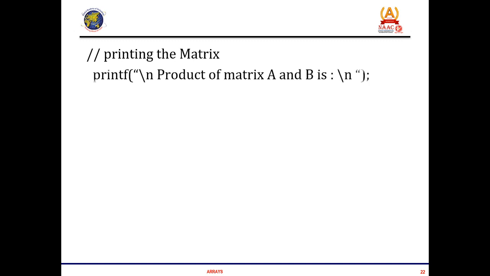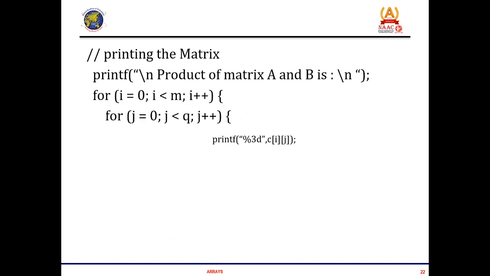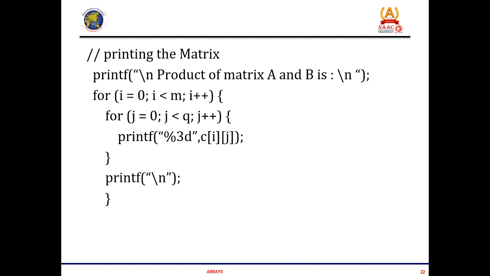So once I do this matrix multiplication, I am going to now print the matrix. I'm going to use the for loop, and then I just print the product of both the matrices. Now this is self-explanatory, correct? The only thing is just have a look at the printf statement which comes immediately after the second or the inner for loop.